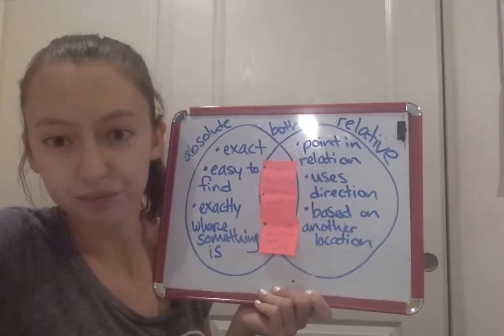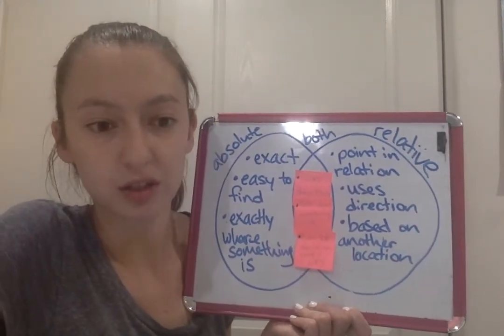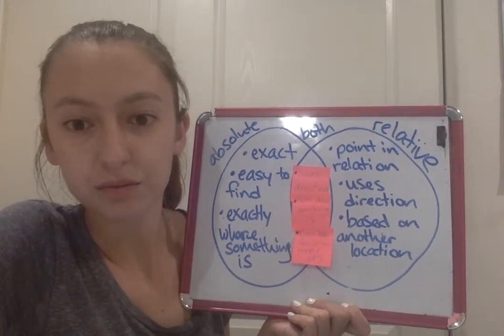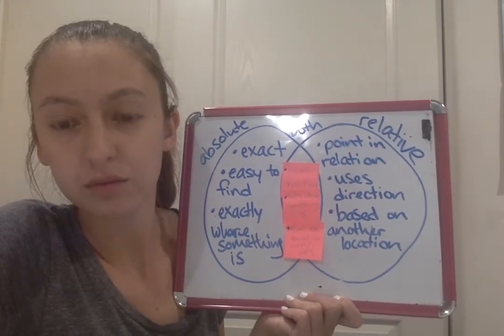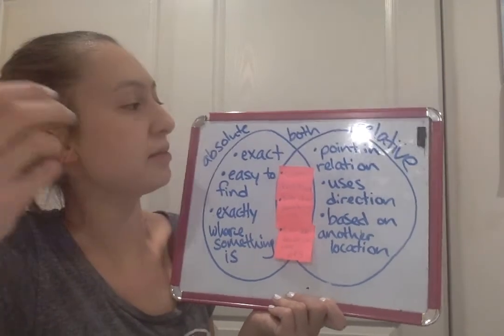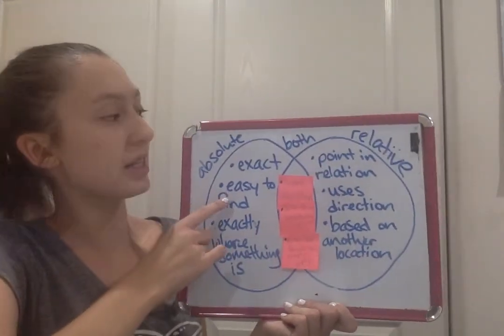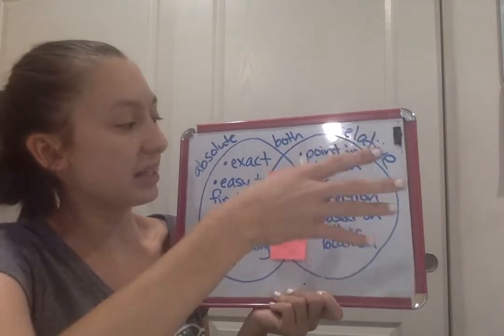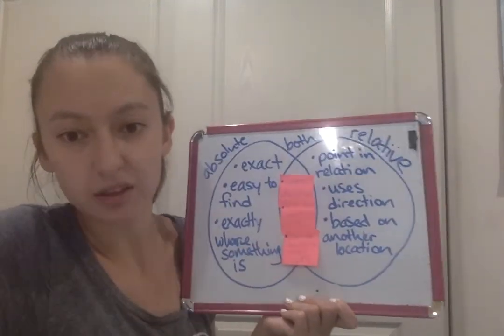That's really good. Is there anything else that we can say in general about these two types of locations? Yeah, that's right. So it seems like they are different, but they're not too different, right? It's just absolute is exact and relative is using direction, telling where something is based off of something else.